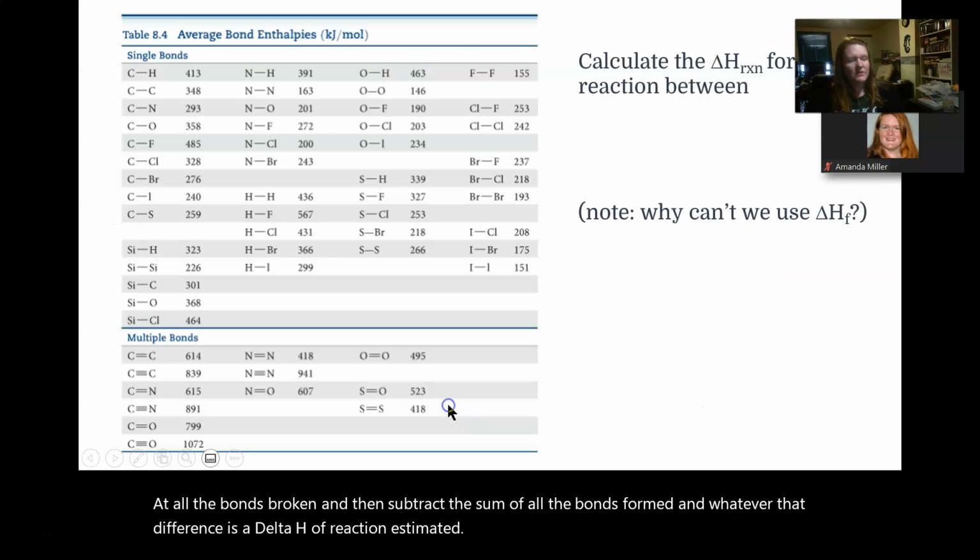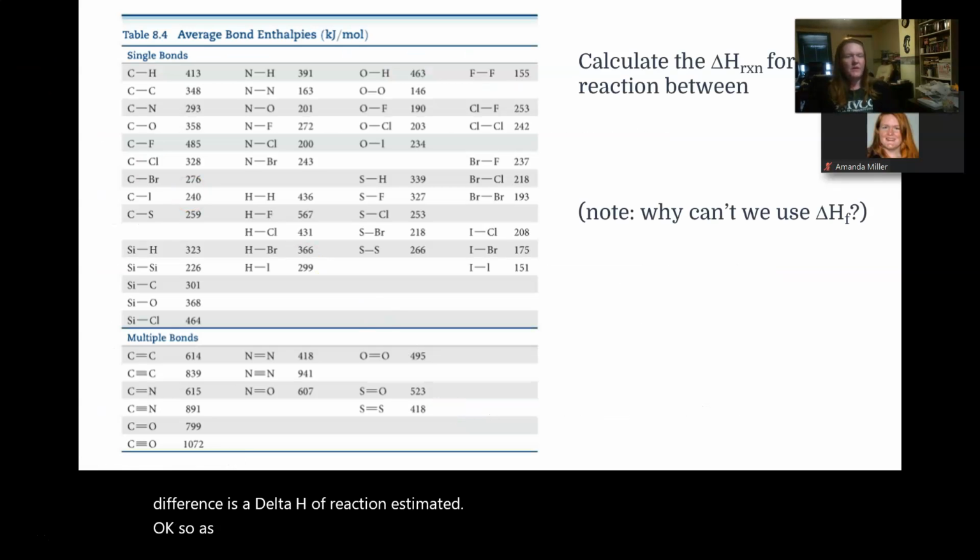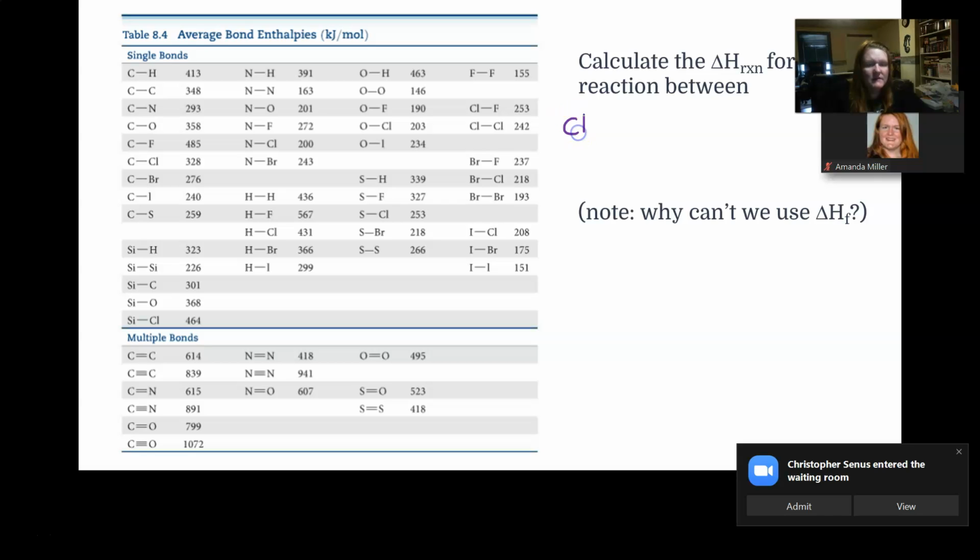Okay? So, as an example, I want to look at a simple combustion. So we'll look at CH4 gas plus oxygen.